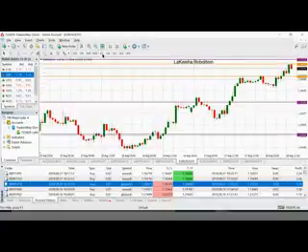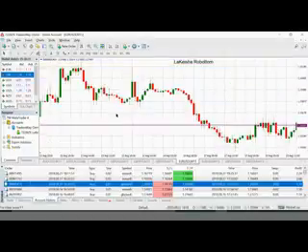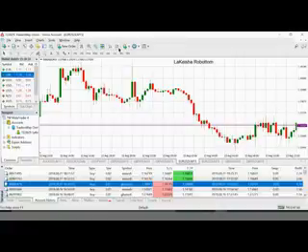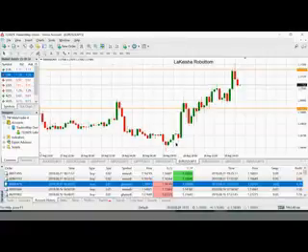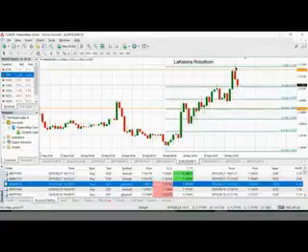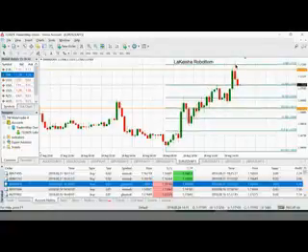And now I will go to my 15-minute chart. And in this 15-minute chart, what I'd like to do is plot a Fibonacci. So I can see that there was an uptrend here that occurred. I am going to take advantage of this and plot from the lowest point of this uptrend to the highest point to see what kind of Fibonacci support and resistance I can get.